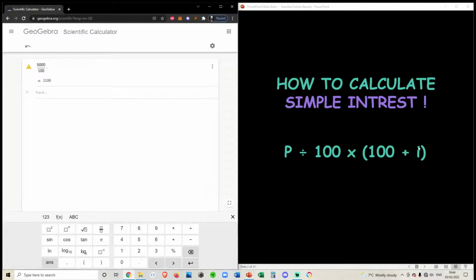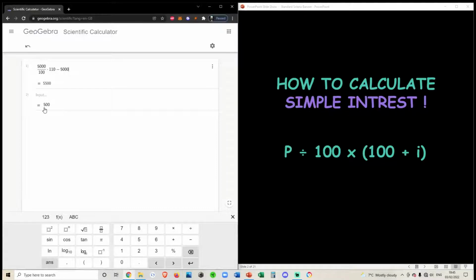So in this case we're earning 10% annually, so we're going to times this by 110, and you can see that after year 1 we have a total of $5,500. Now if you want to figure out how much of this is interest alone, just simply minus your principal. So in this case, if we were to minus 5,000 again, we would simply be left with 500, which is our interest after year 1.